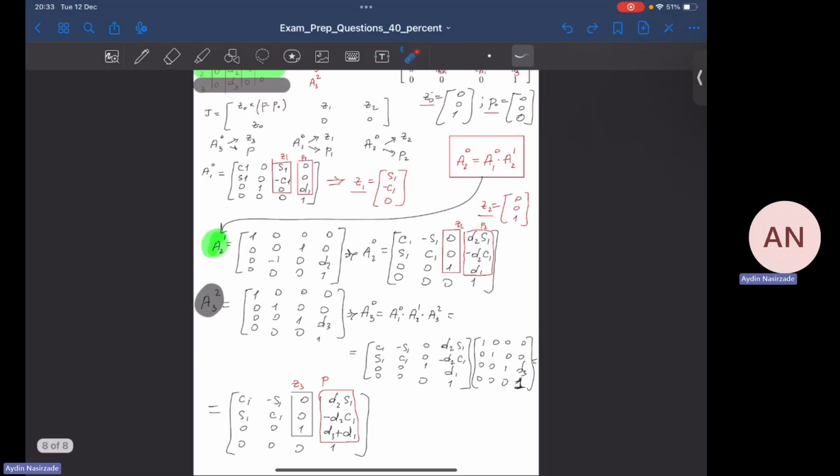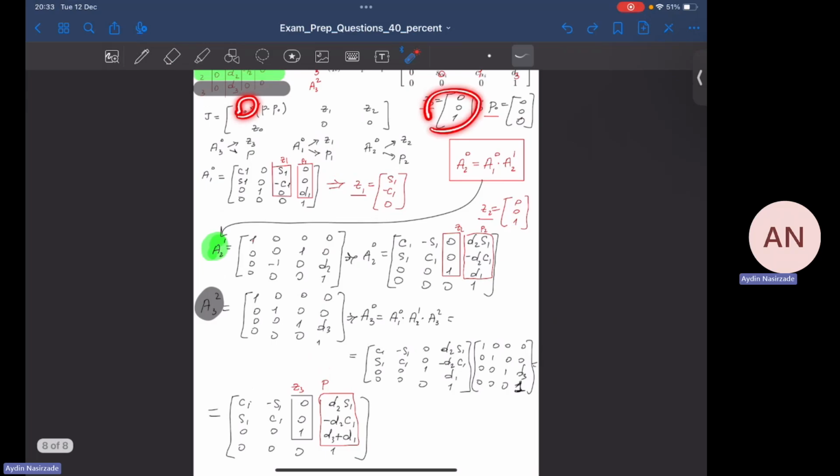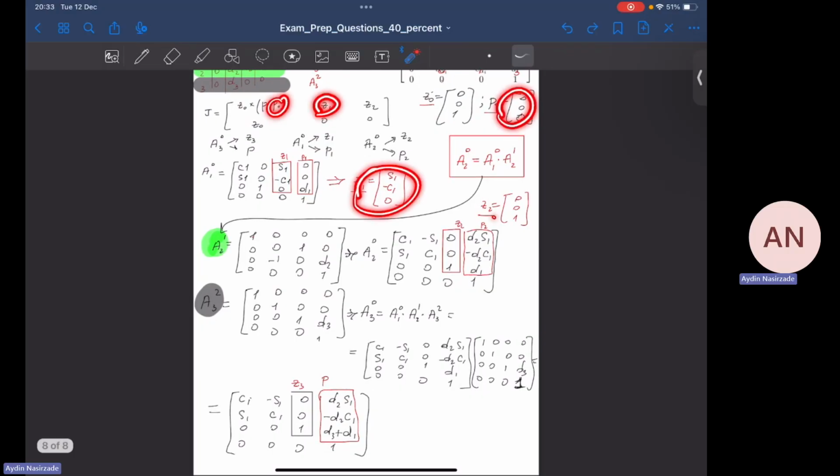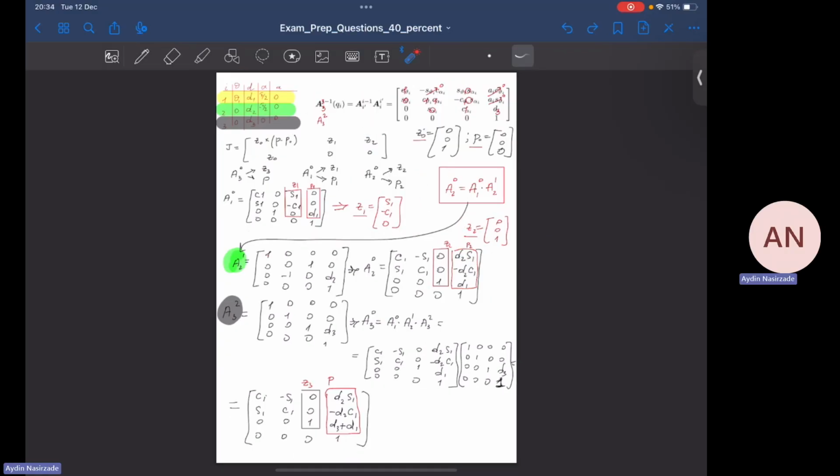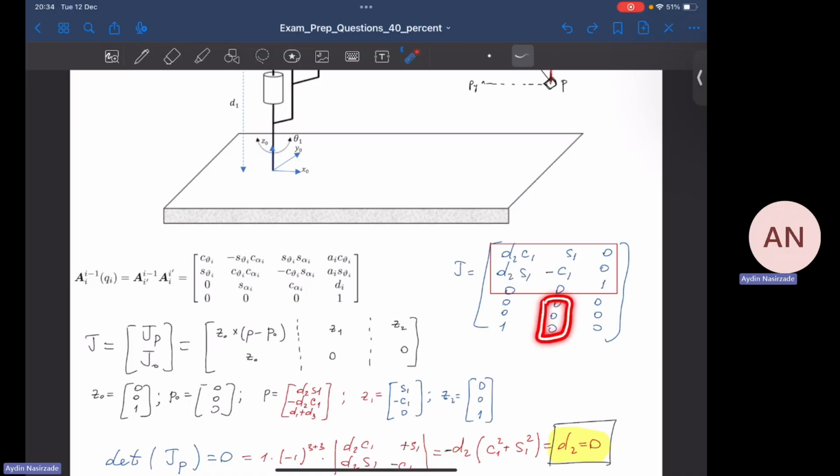So you have everything. Z0 is given. P is given. P0 is given. Z1 is given. Z2 is given. The zeros are just clear; they are just three such zero vectors, nothing else.